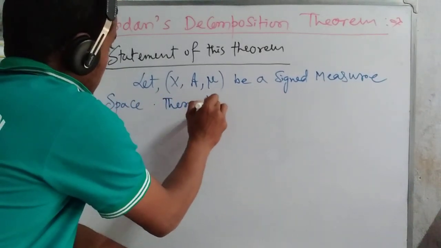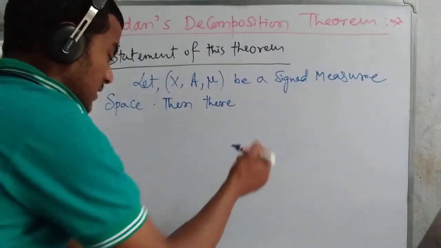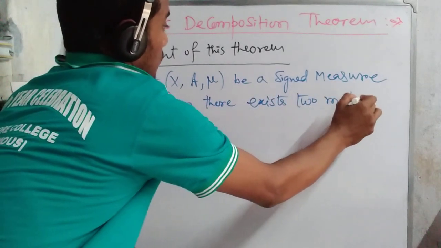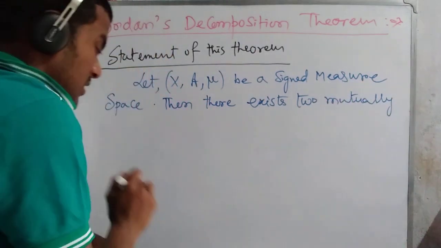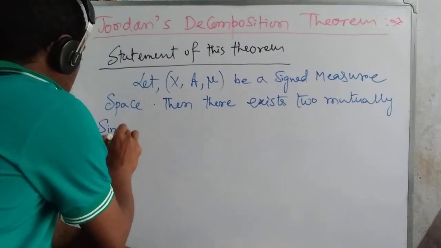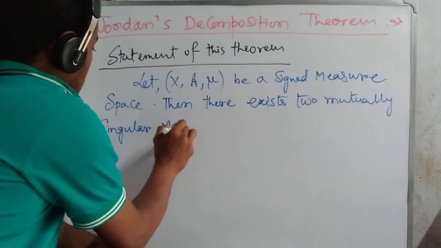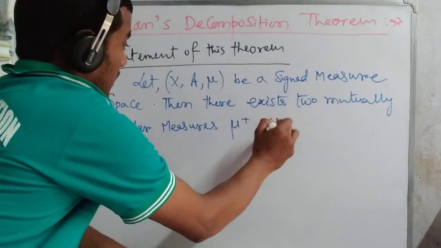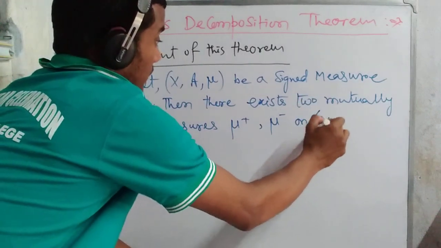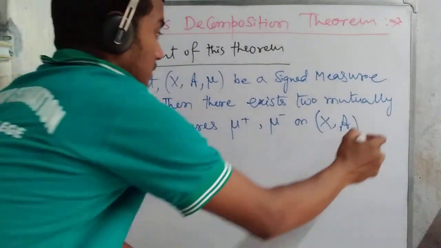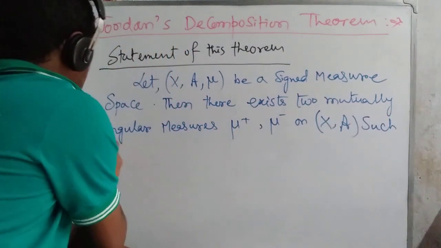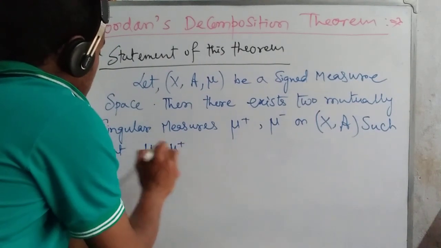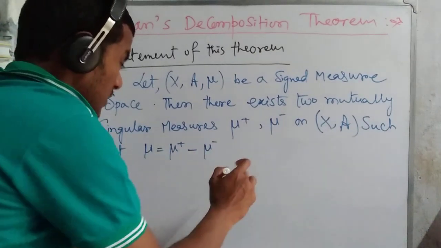Then there exist two mutually singular measures μ⁺ and μ⁻ on (X, 𝒜) such that μ = μ⁺ − μ⁻.